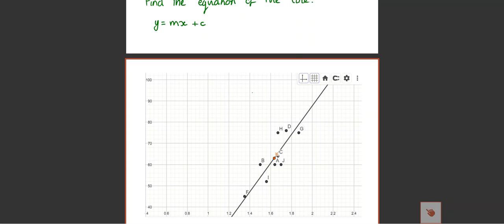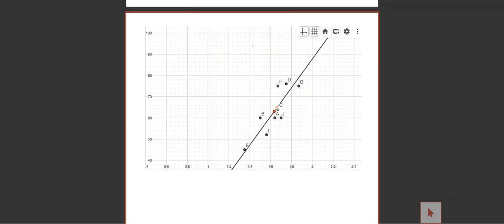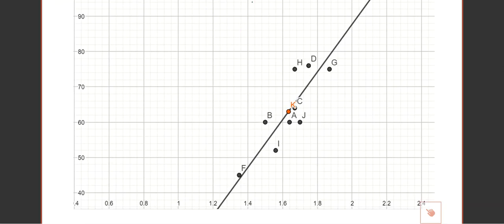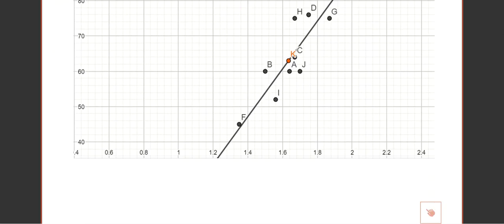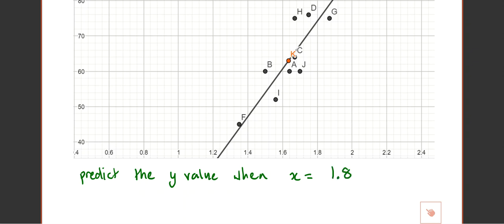I would like you to predict the y value, basically, what is y when x is 1.8?